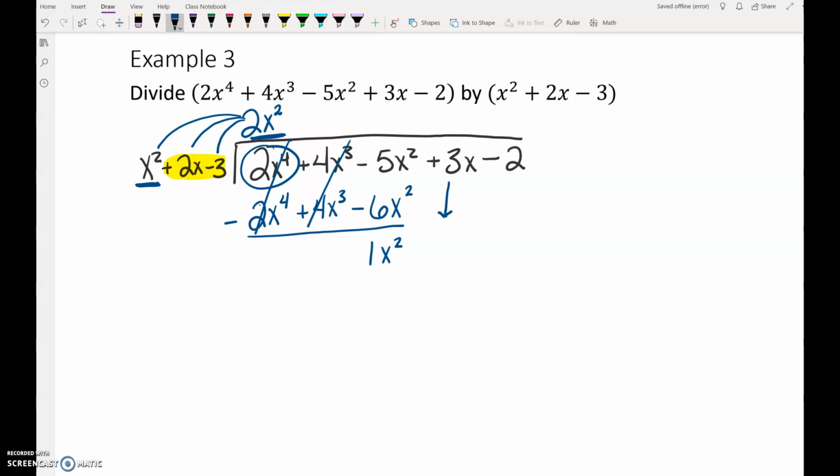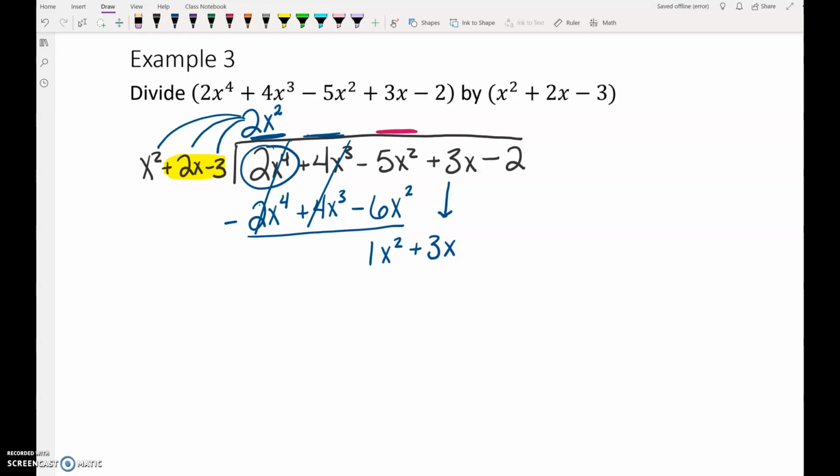Typically, you only bring down just the next term. Do you see how this second term canceled, the 4x to the 3rd and the 4x to the 3rd? There's going to be a blank left there, and we're going to move on. Round 2, we will actually be filling in that blank.